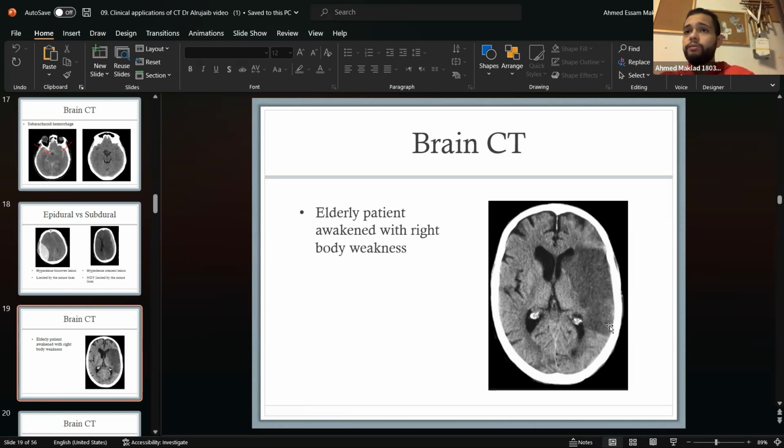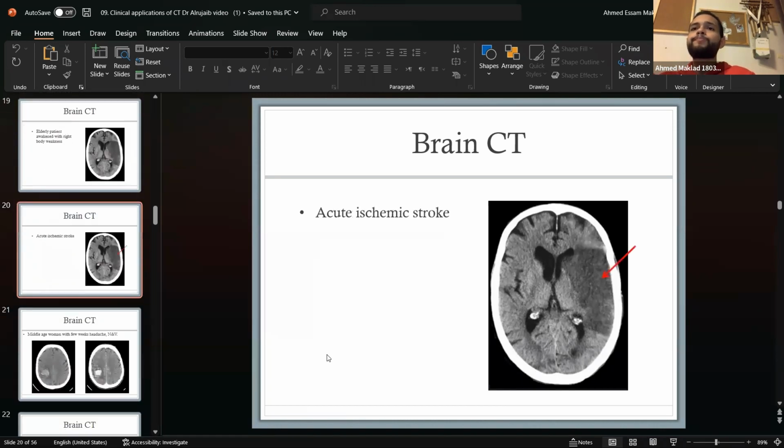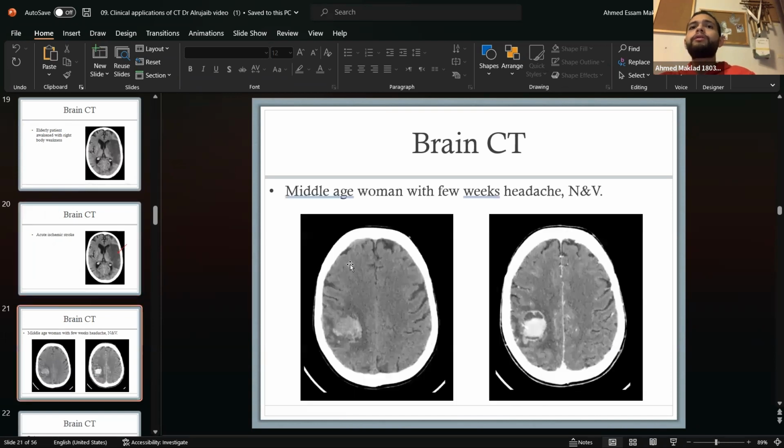But basically this shows you ischemia right here, in the middle cerebral artery territory. This is the anterior cerebral artery territory, and this is the posterior cerebral artery territory. You can see here acute ischemic stroke.